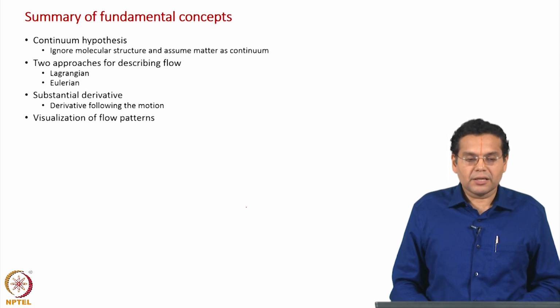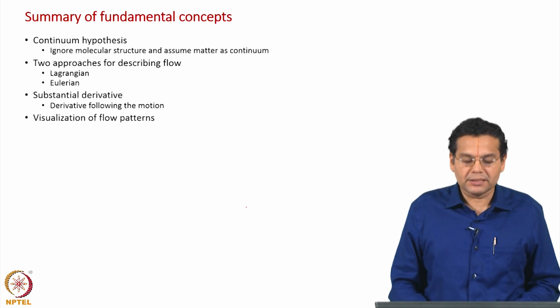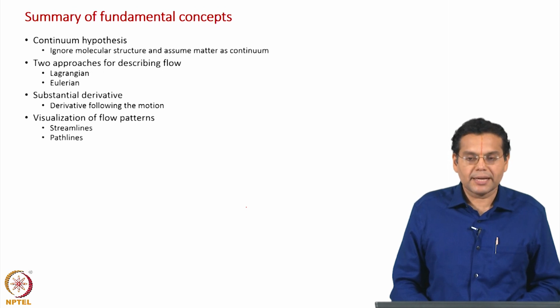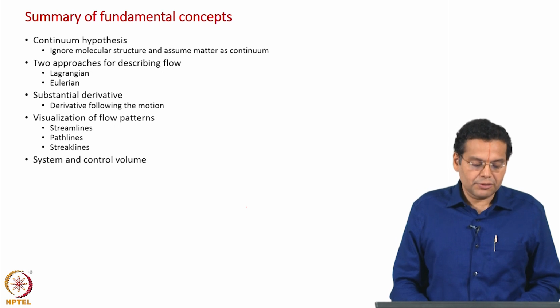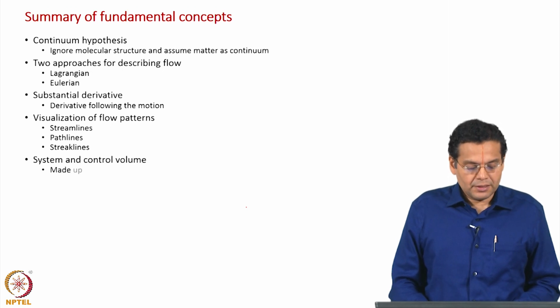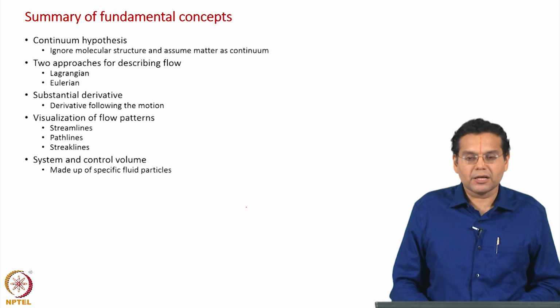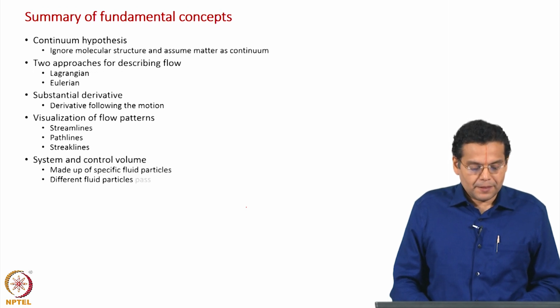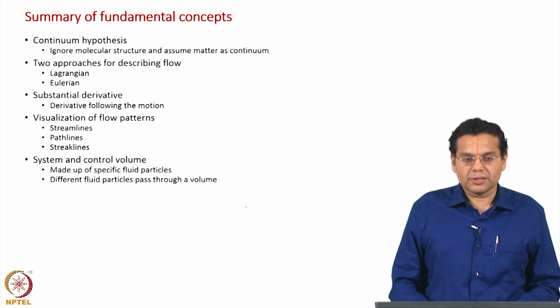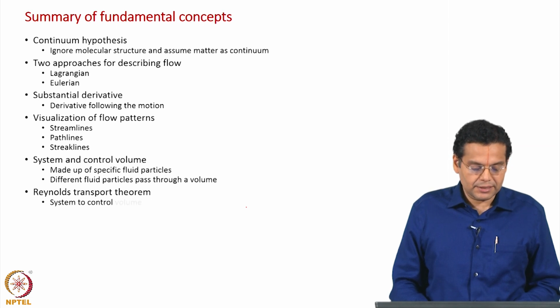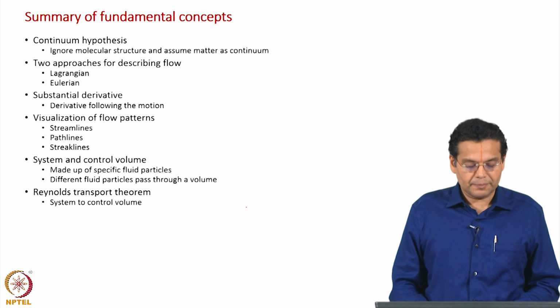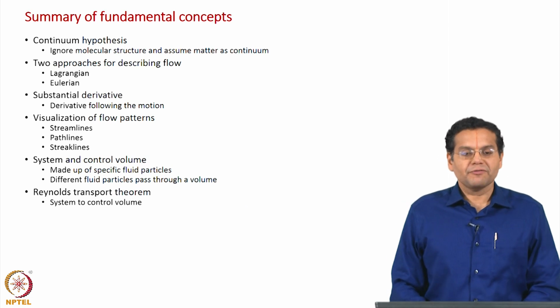We looked at different ways of visualizing flow patterns, namely streamlines, path lines and streak lines. We distinguished system and control volume, system made of specific fluid particles, different fluid particles pass through a control volume, and finally the Reynolds transport theorem, which links the laws of physics for a system to the conservation equations for a control volume.